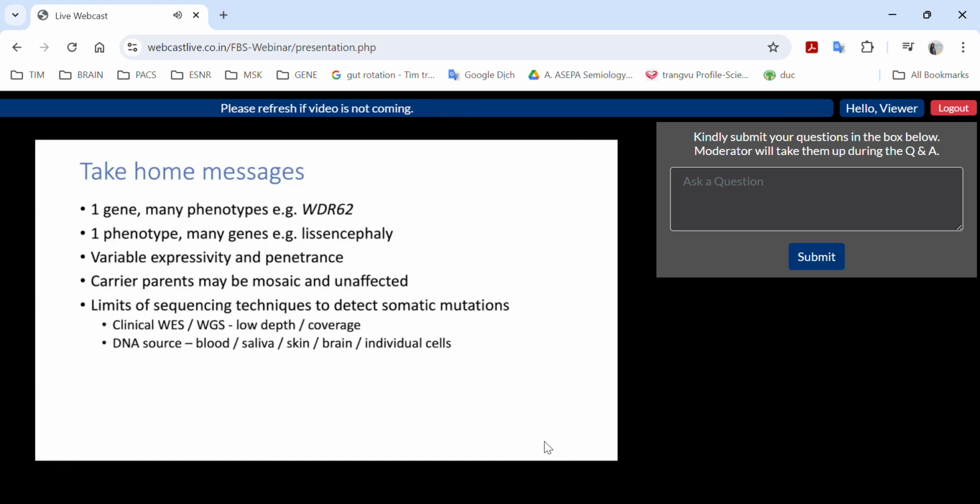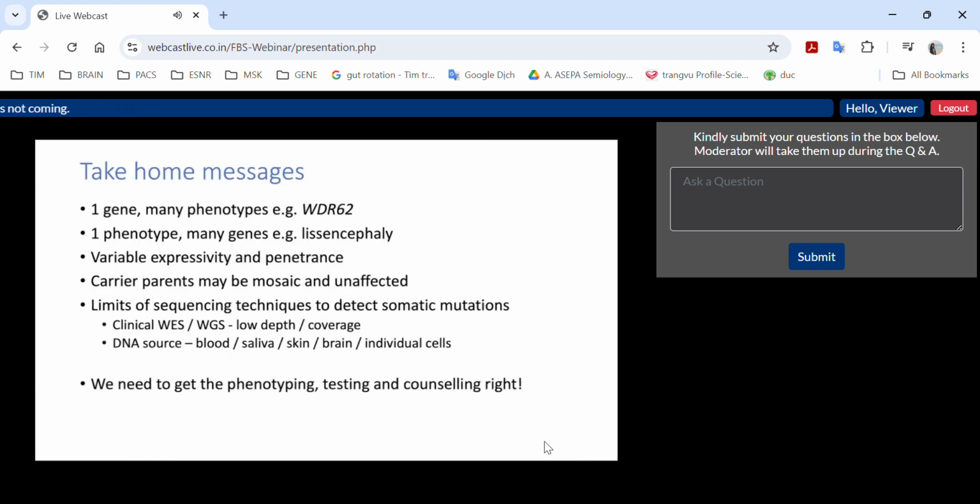There's limits to our current sequencing technologies. Clinical testing is often low depth and low coverage and may not pick up all the mutations, particularly if they're somatic. And to diagnose somatic mutations, blood may not be the best source. And you may actually need other tissue, particularly brain tissue, or even individual neurons to find those mutations in very low mosaicism.